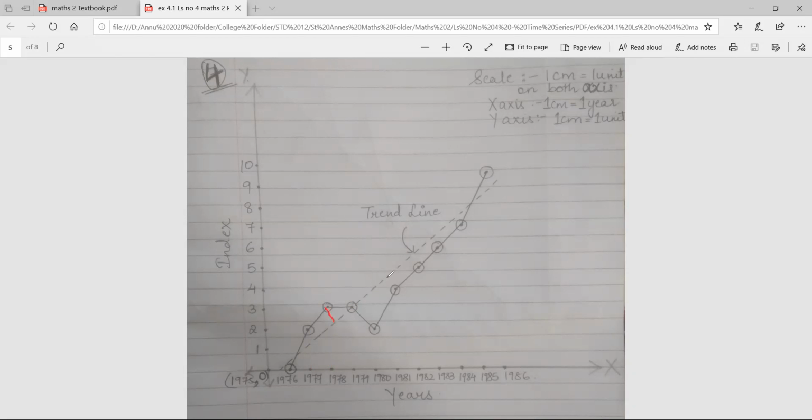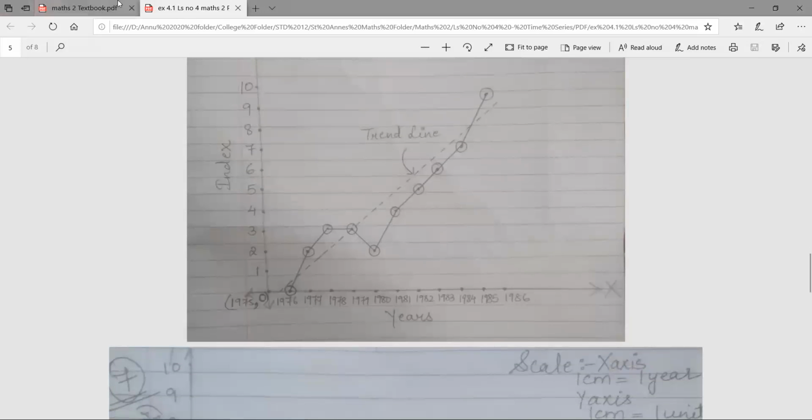Whether above or below, the distance should match. So in this way class, as you can see, the distance is matching. No point is very far, no point is very close. The distance is approximate, as you can see. And after drawing the dotted line, you have to name the line as trend line. So with this, the fourth sum is also over.